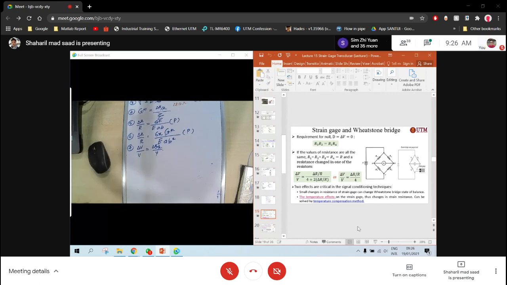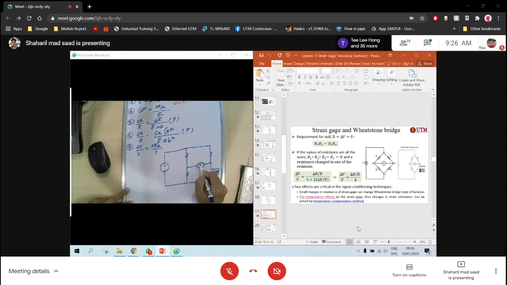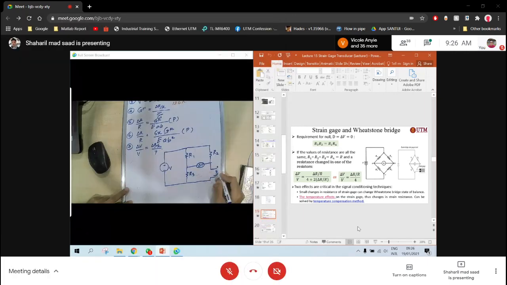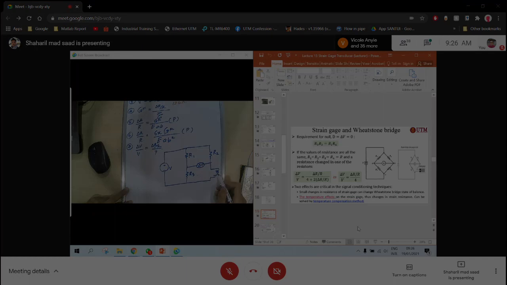However, when you apply your strain gauge like here, oh, I need to draw it again. Delta V, R1, R2, R3, and this one R4.